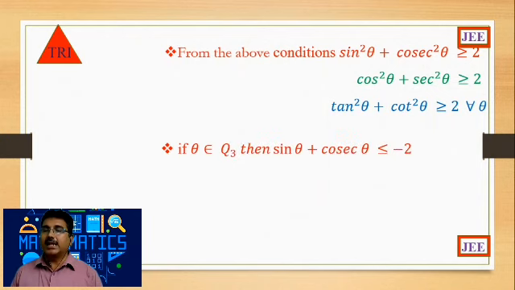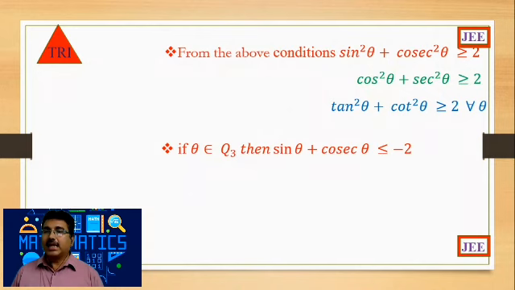If theta belongs to the third quadrant, then sin theta plus cosecant theta is, since sin theta is negative, less than or equal to minus 2.